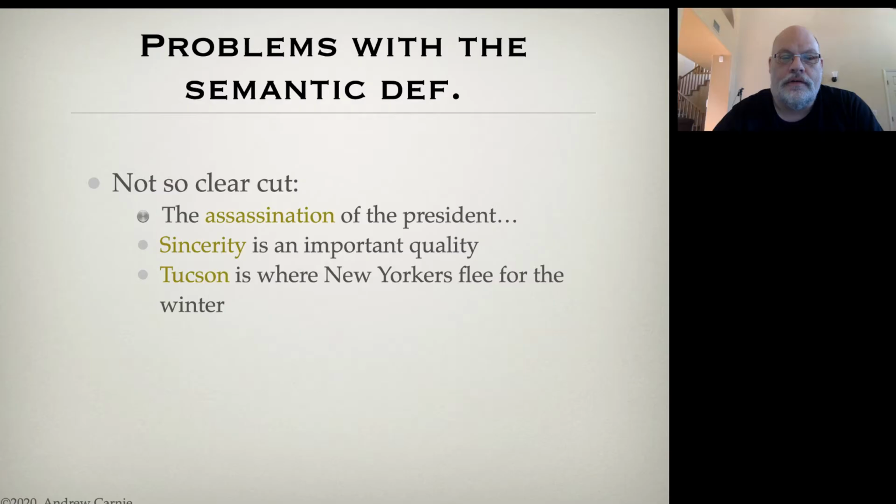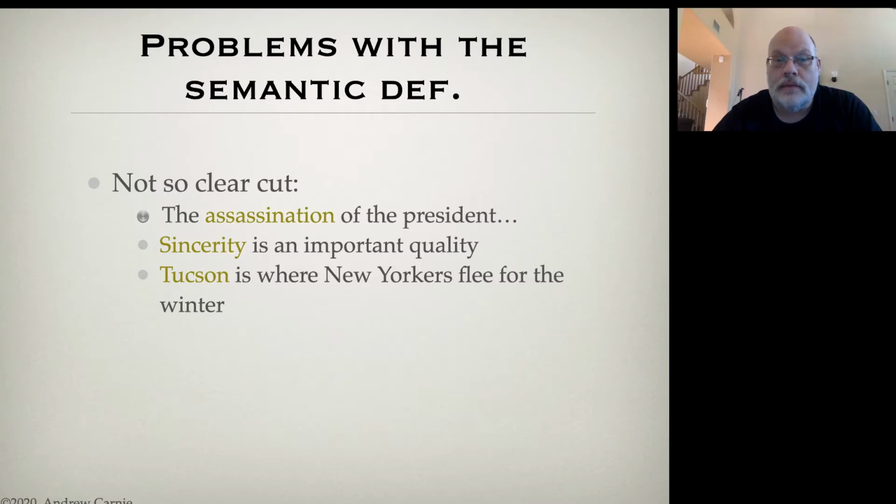Let's take, for example, the word assassination. By any definition, the word assassination is an action. But clearly in the sentence, the assassination of the president, it's a noun. Similarly, sincerity, because it describes a quality, should be an adjective. But here in this sentence, sincerity is an important quality.